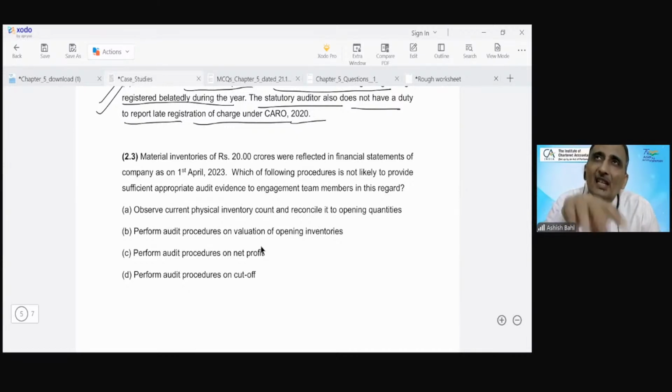Now tell me which SA is applicable in this case. First of all, tell me the name of the SA. Are you able to correlate, guys? Which standard on auditing would apply in such a situation? No, SA 501, not at all.